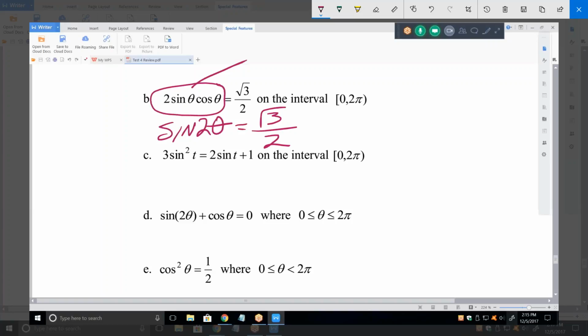Remember, when you're trying to solve for angles, you have to use inverse trig formulas. We're trying to solve for an angle. Actually, we're trying to solve for 2 times an angle. So how do I solve for 2 theta? Inverse sine of 2 theta? Well, no, it's the inverse sine of the other side.